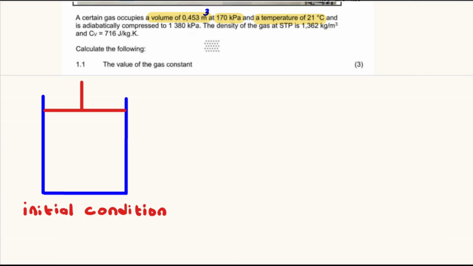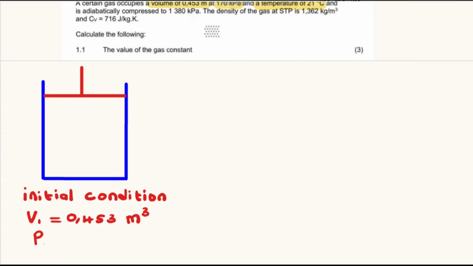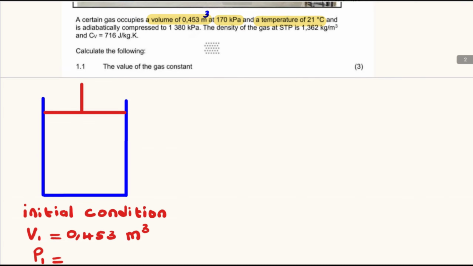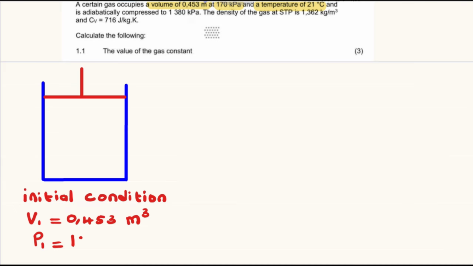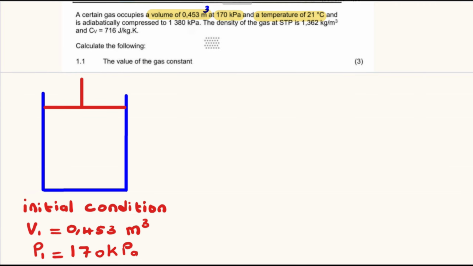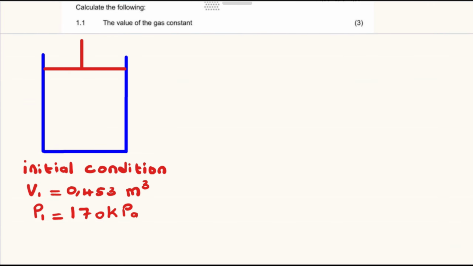That is the initial condition of the gas, where the volume 1 is equal to 0,453 meter cube, and the pressure 1 will be equal to 170 kilopascals, and the temperature 1 is equal to 21 degrees Celsius.